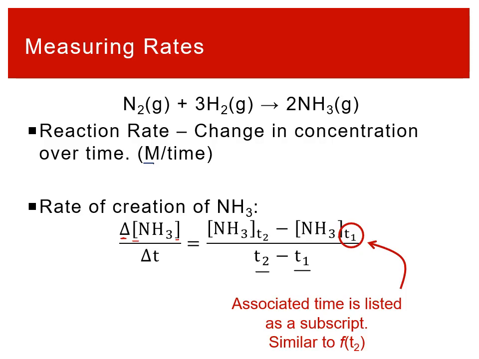So this first thing would read, this is the molarity of ammonia at time 2, or at the second time. This is similar to a function: the molarity is changing with time, and so it's the function at time 2. That is the input variable, because your molarity is going to depend on time. This is a reaction that we're looking at over time.